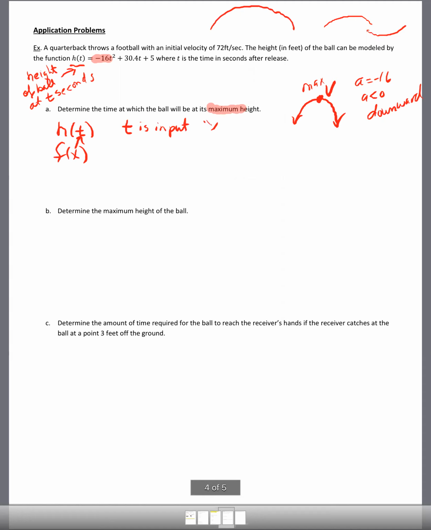I'll put out here the old-timey x value. And then h is actually playing the role of f. Well, f of x was actually a y. So h is your output, which is the old-timey y value.